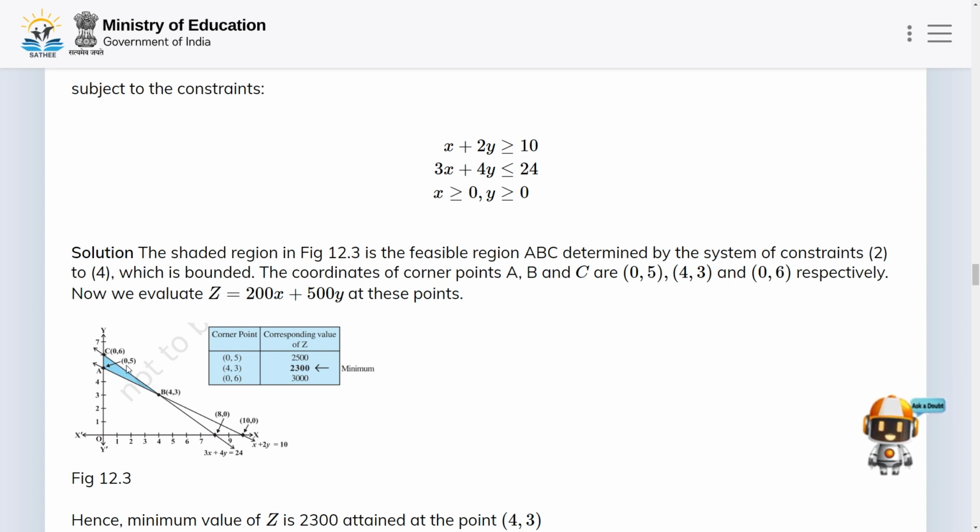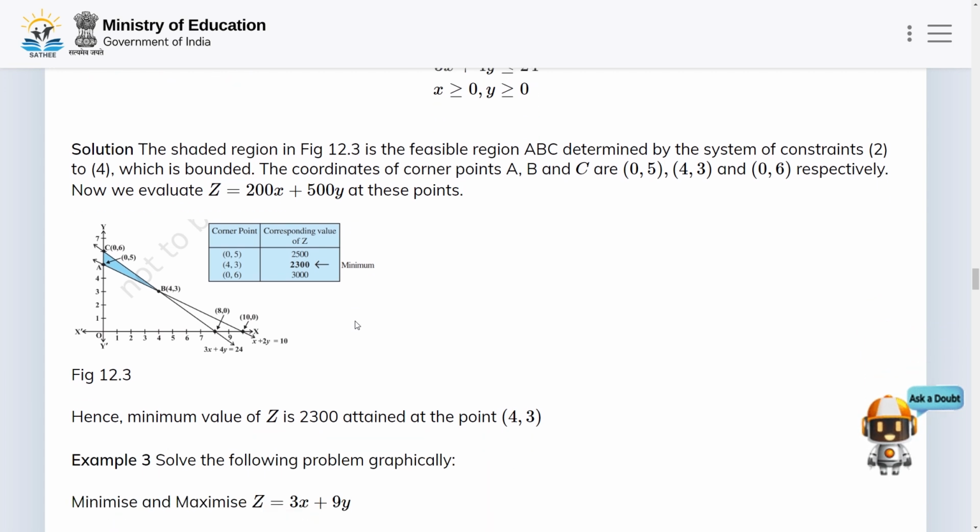The values of the objective function at these corner points will be 2500 for (0, 5), 2300 for (4, 3), and 3000 for (0, 6). As you can see, the minimum value is 2300, and you are getting it at point B. So the minimum will occur at the point (4, 3). Clear? I hope it is clear.